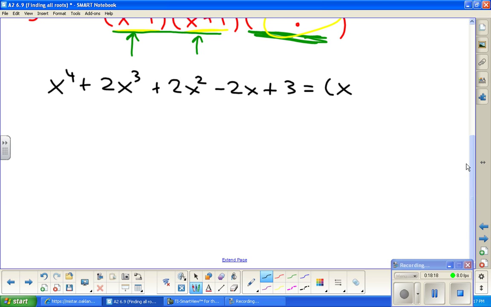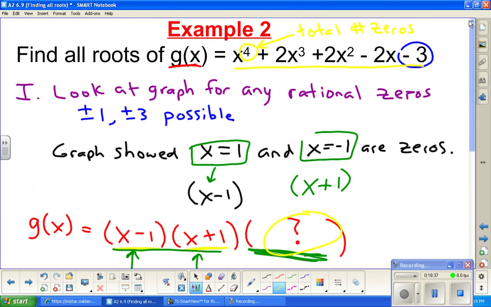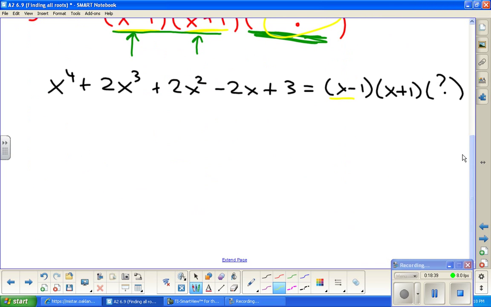Again, we know it equals this, times this, times some other piece that we don't know yet. It doesn't really matter the order. So what I'm going to do first is divide by this. Yeah, sorry. Let's divide both sides by the x minus 1 factor first. Let's get rid of that.